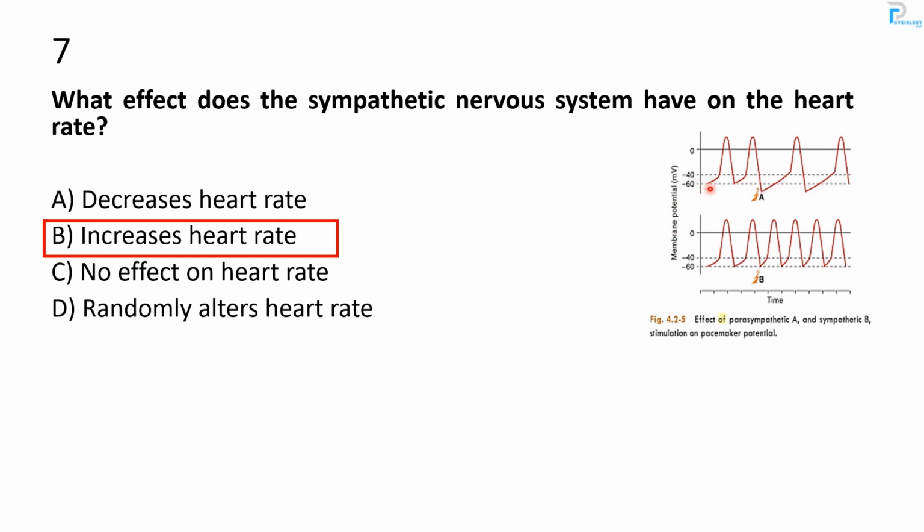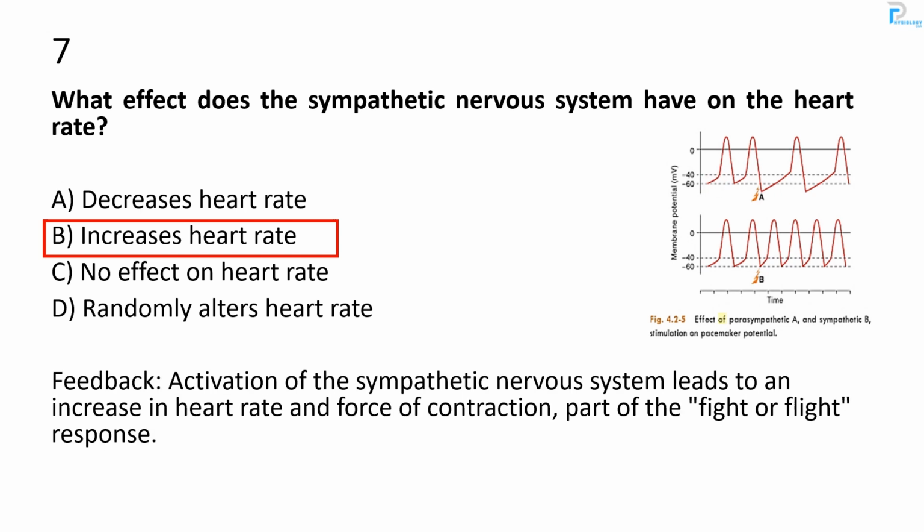And this part is the action potential, depolarization and repolarization. Pacemaker cells don't have a resting membrane potential, but their membrane potential depolarizes spontaneously, and that is known as pacemaker potential. This part here, we call it pacemaker potential.